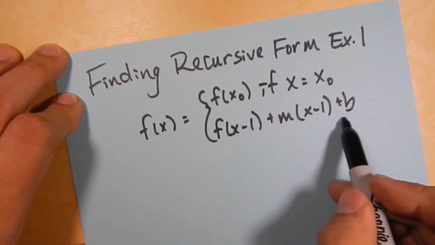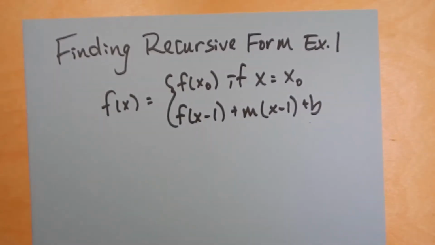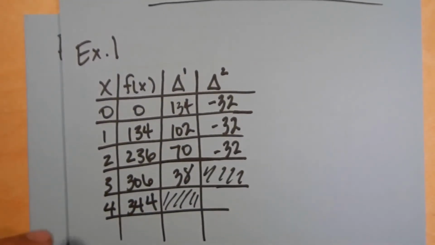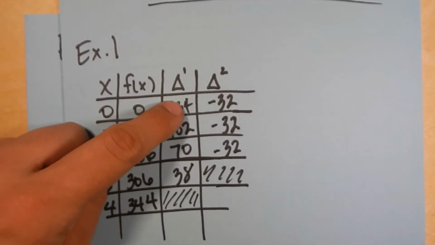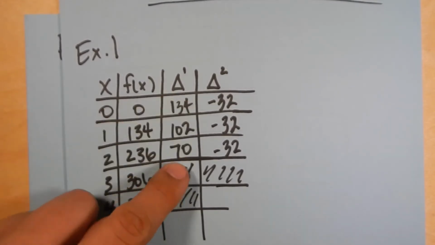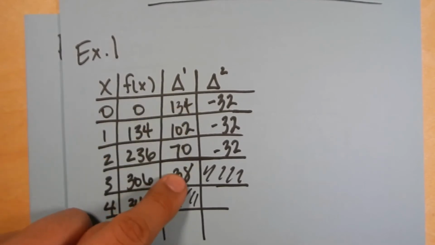So this is some sort of linear function that we're going to be dealing with here. So what we have to do, this linear function that I'm talking about, is this. So this delta 1 column, we need to create a linear function that defines this.